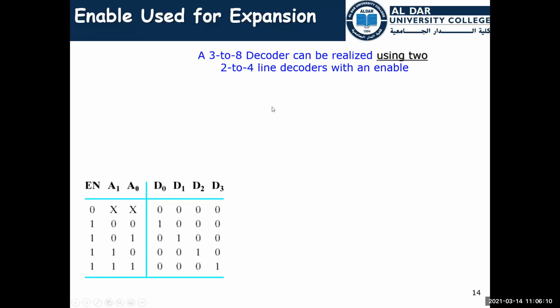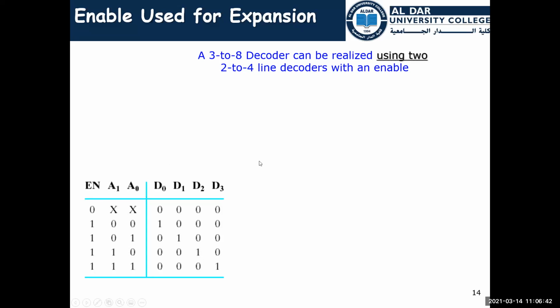I have a 3 by 8 decoder. I want to realize a 3 by 8 decoder using two copies of the 2 by 4 decoder. How to do that?